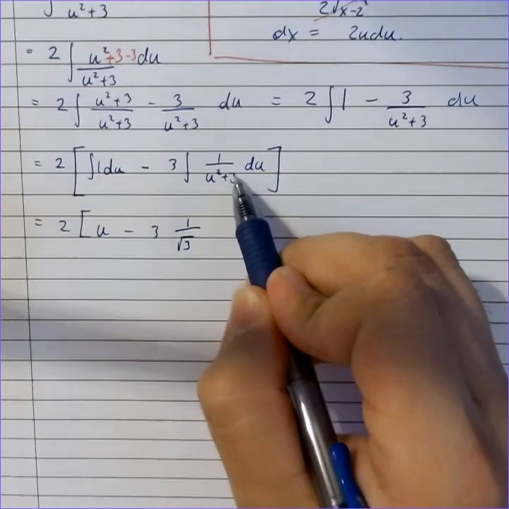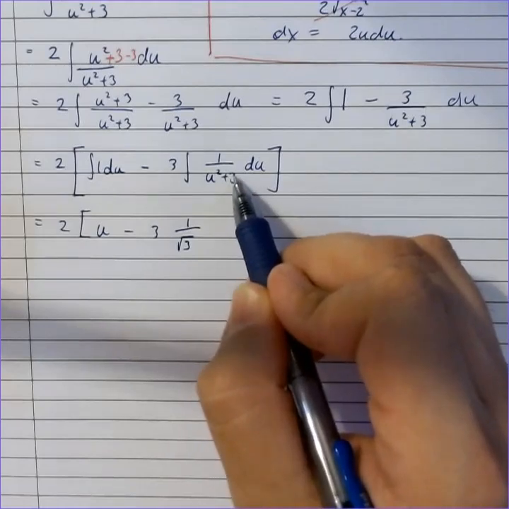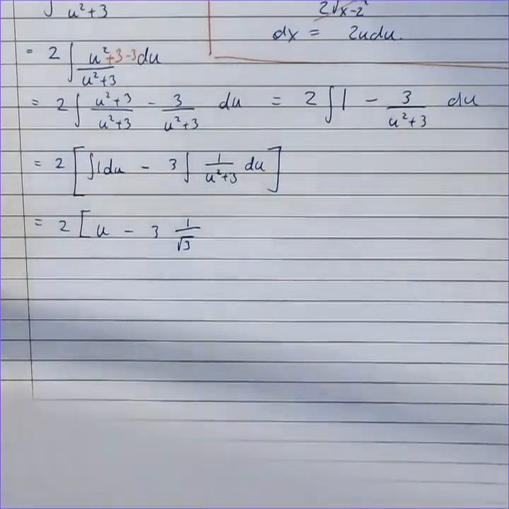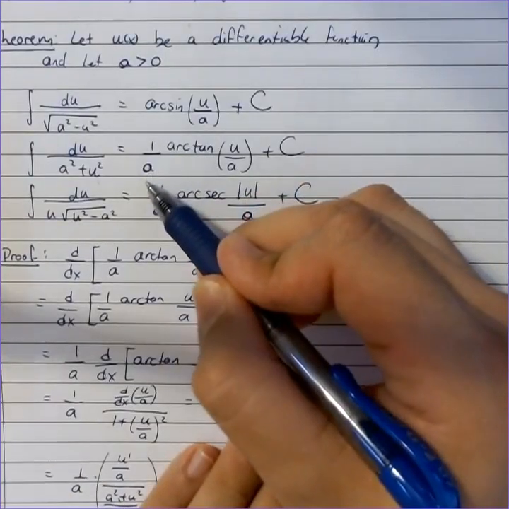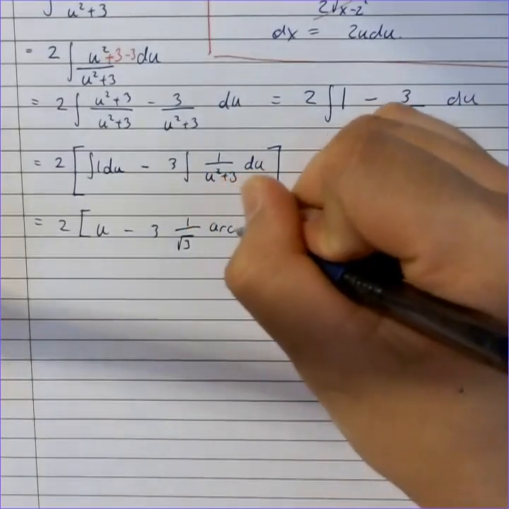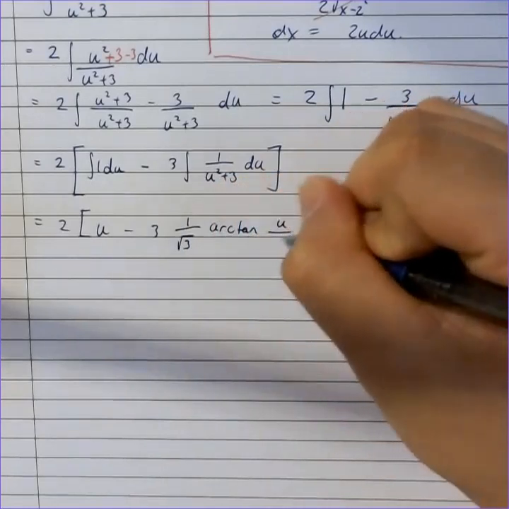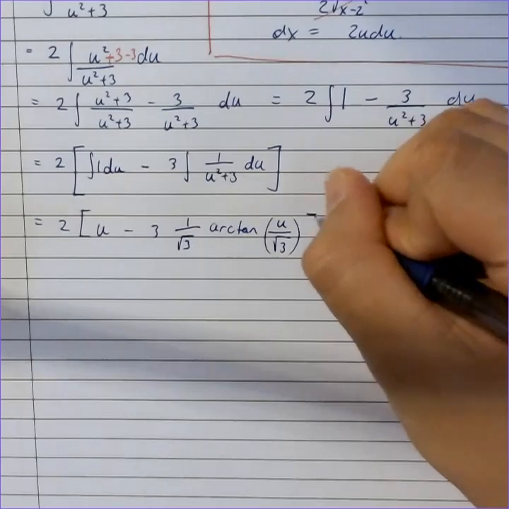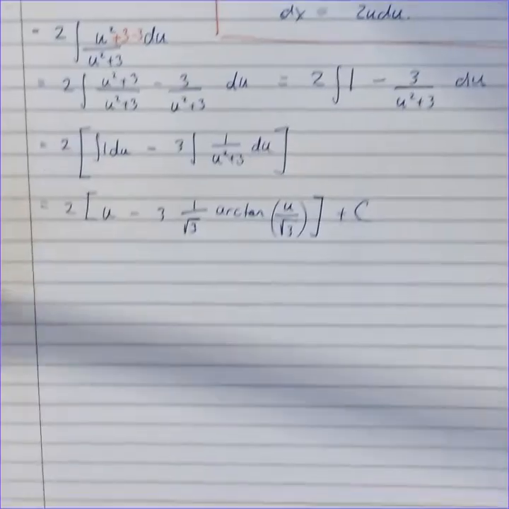What number do you square to get 3? You square the square root of 3. So I'm going to have that as 1 over a, arctangent of u over a. 1 over root 3 times arctangent of u over root 3, plus some constant of integration.